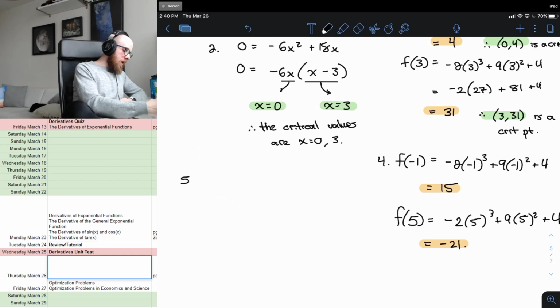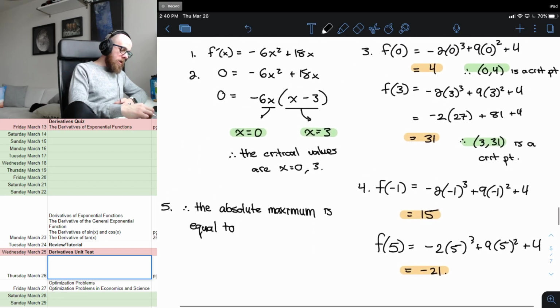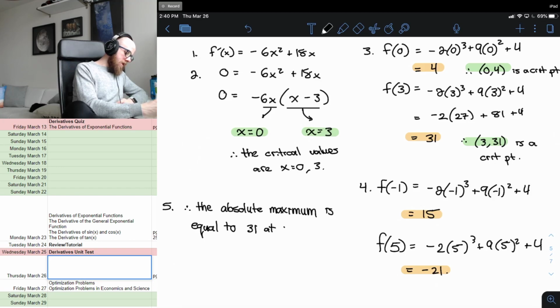So for step 5, I can say, therefore, the absolute maximum is equal to, the maximum value that I found was 31, right? And that occurs at x equals 3. So equal to 31 at x equals 3.